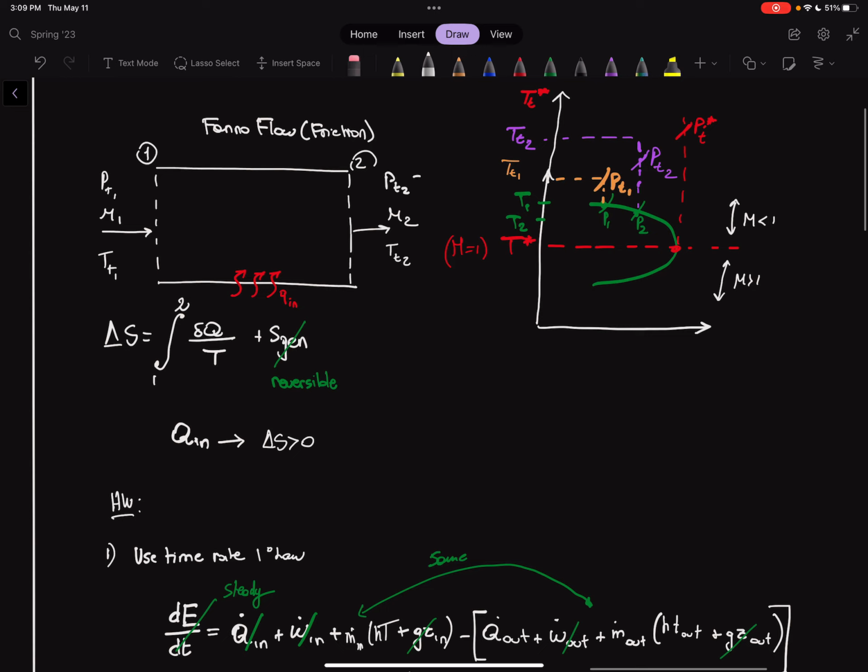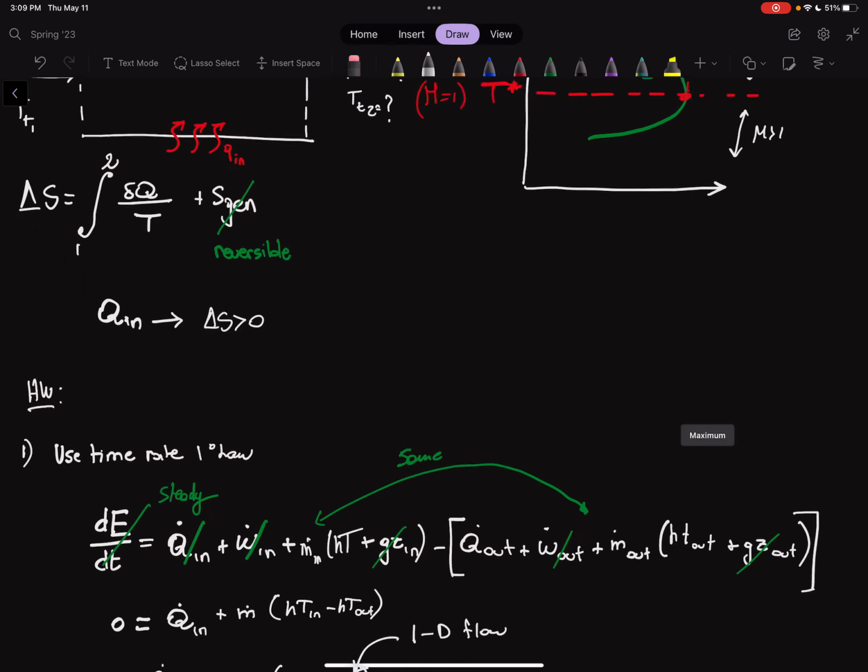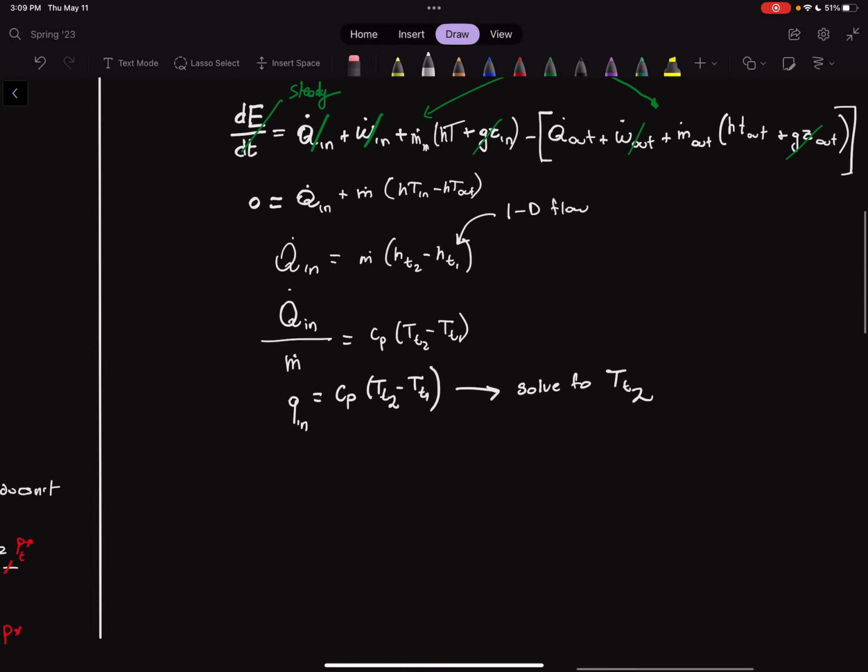Cp is given too. In this case, there's no way to go directly from M1 to M2 without using the static parameters or the total parameters. Here you only work with the total parameters. So can I erase this? Yes.